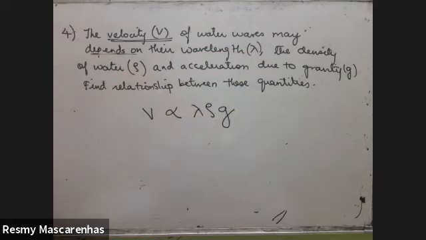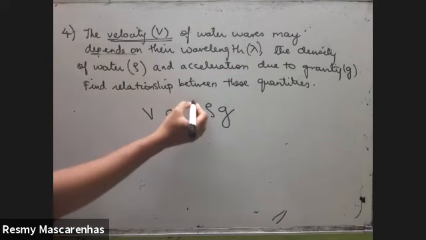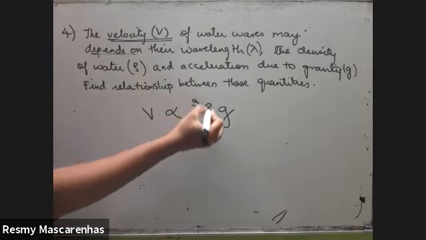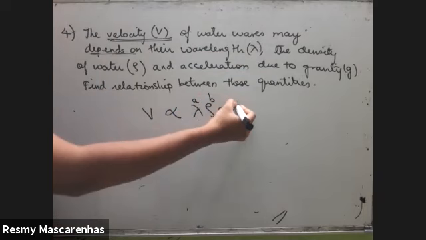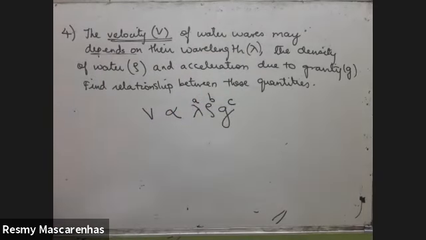Now every one of these you just give a random power. So the first one you keep as A, the second one you put as B, and the third one you put as C. So even if they don't give you the relation, you can always write it. Now we have to start solving.